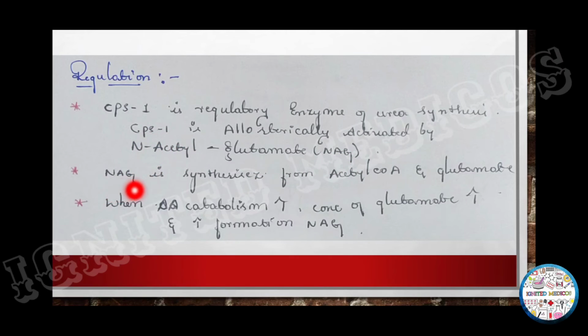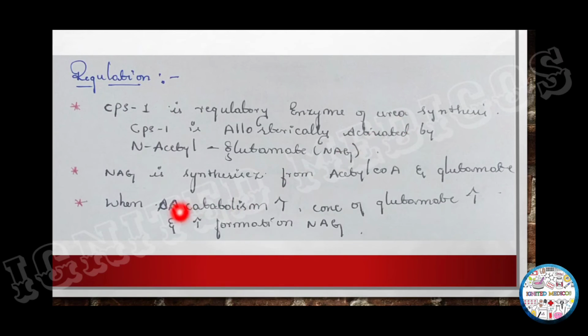This NAG is synthesized from acetyl CoA and glutamate. When amino acid catabolism is increased, the concentration of glutamate will increase, and obviously there is an increase in the production of NAG. At this time the CPS is maintained at the normal condition. So this is the method of regulation of the urea cycle, mainly by CPS1.